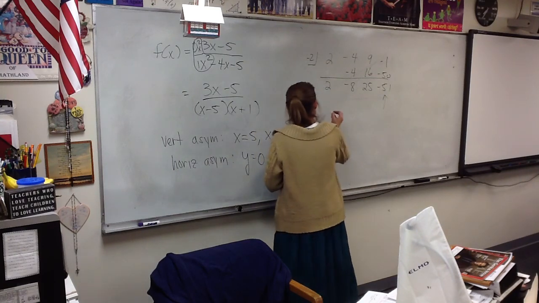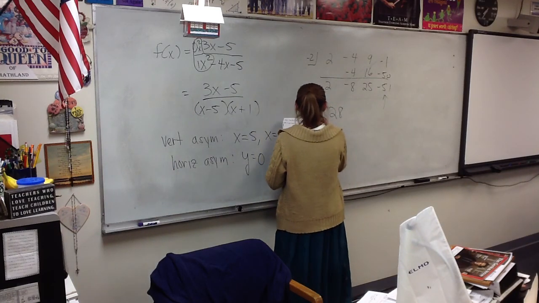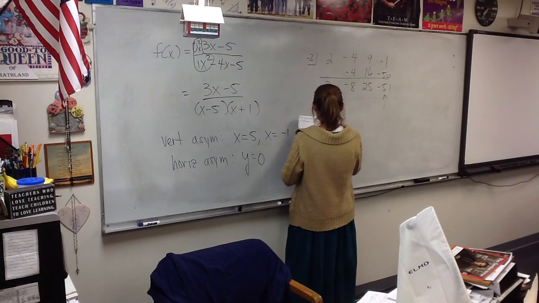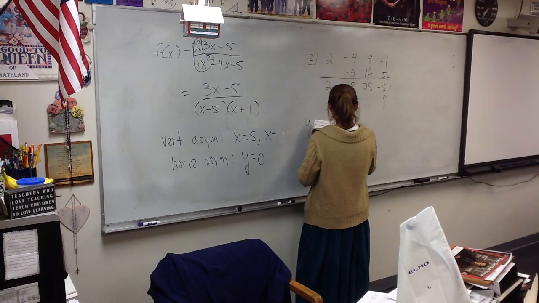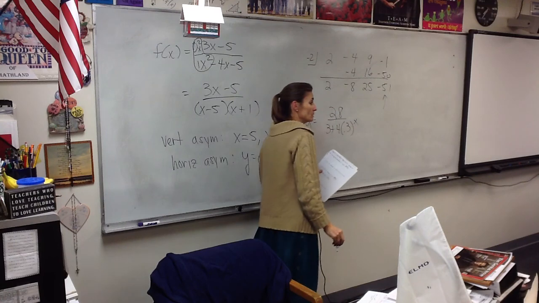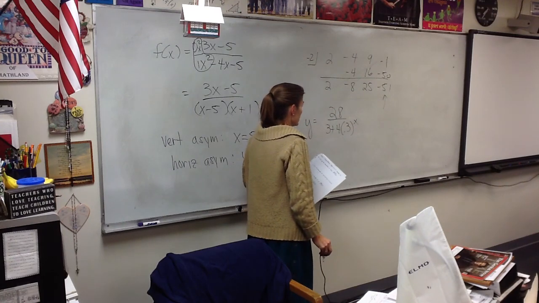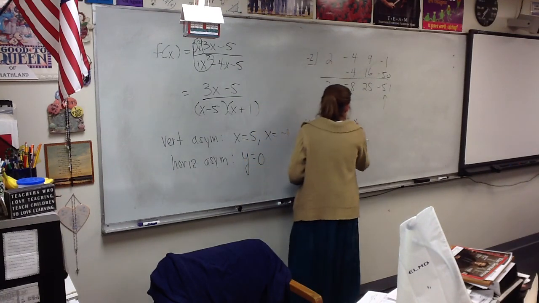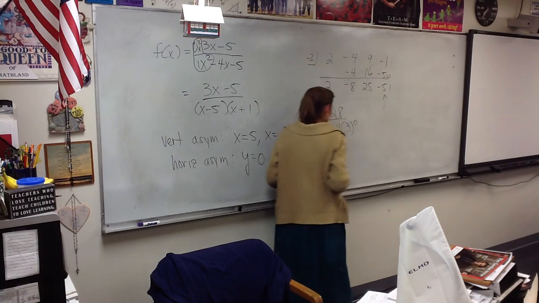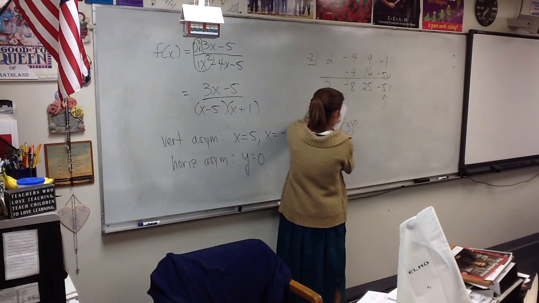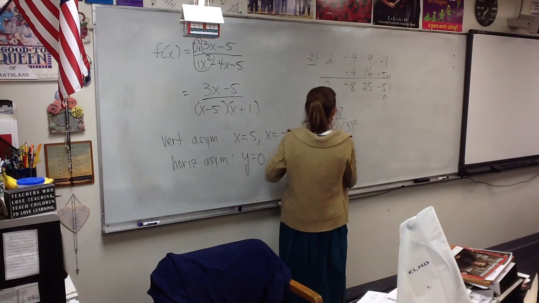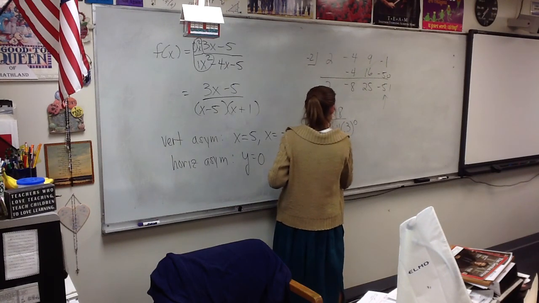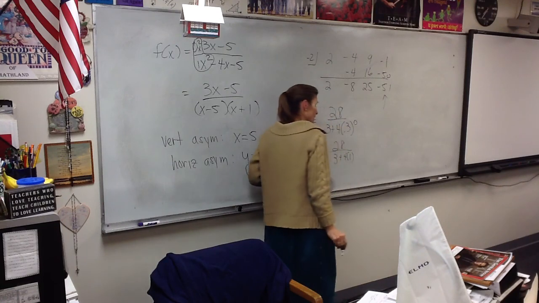So I'm going to rewrite my equation, and I'm putting in 0. Now, take out the x, put in a 0. What is 0.3 to the 0? That's 1. So now I have 28 over 3 plus 4 times 1.